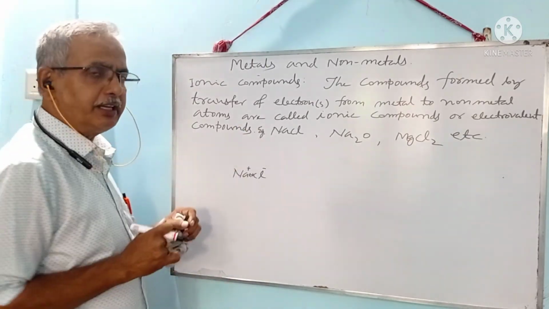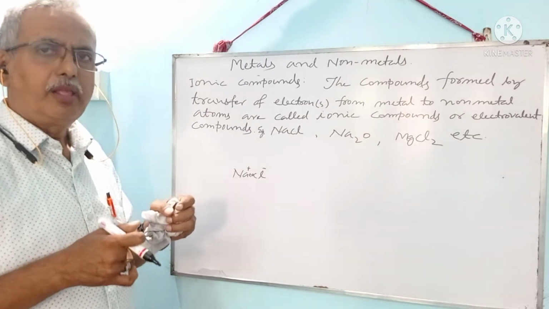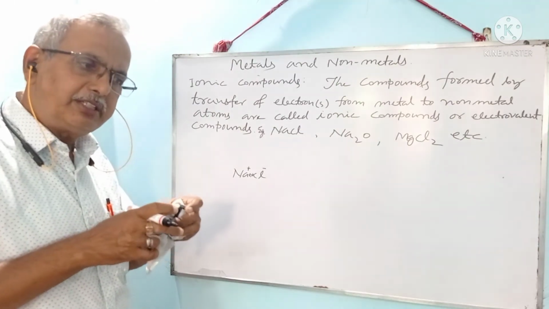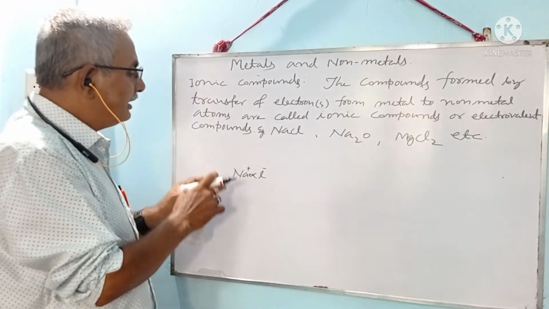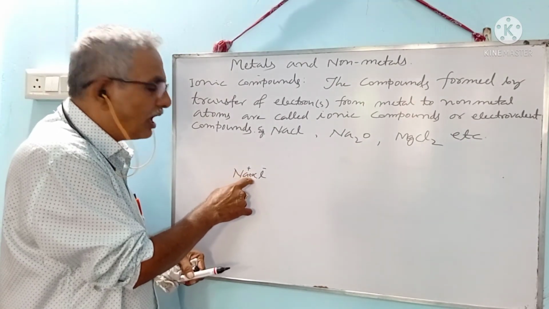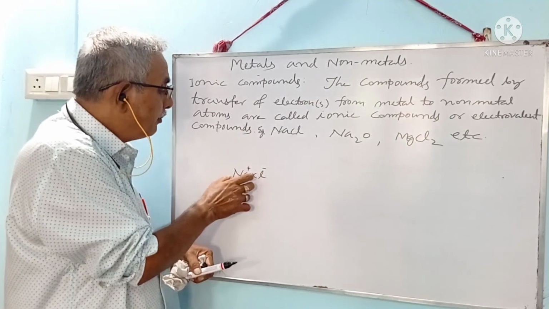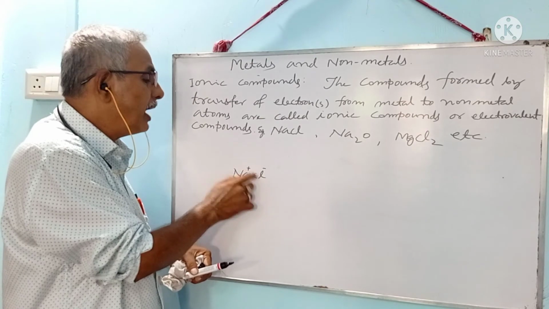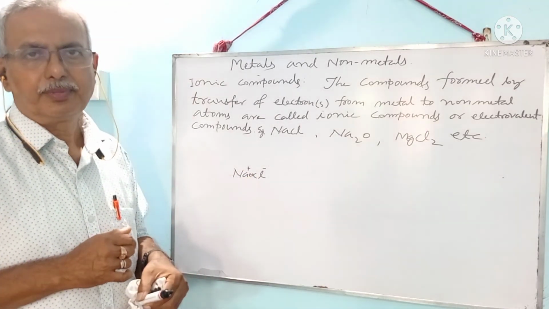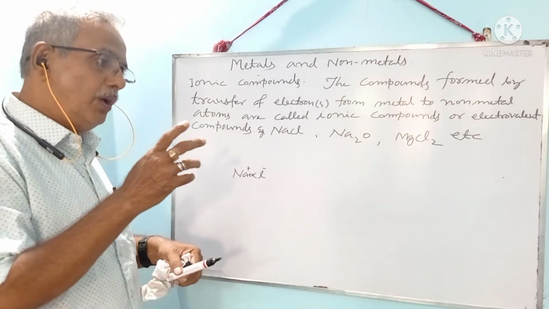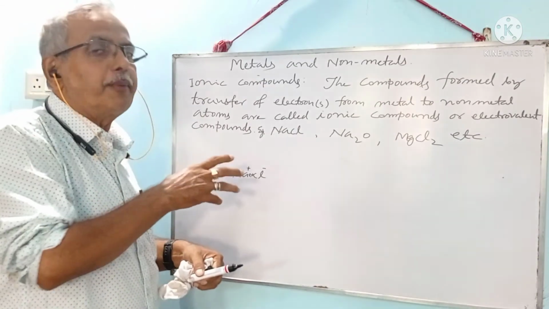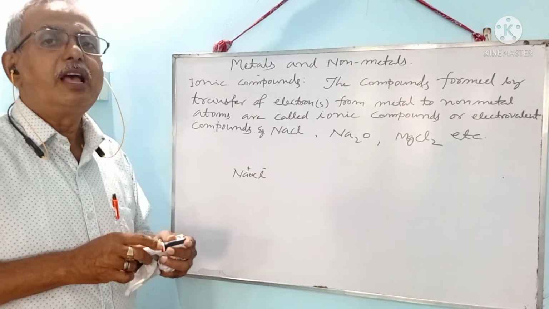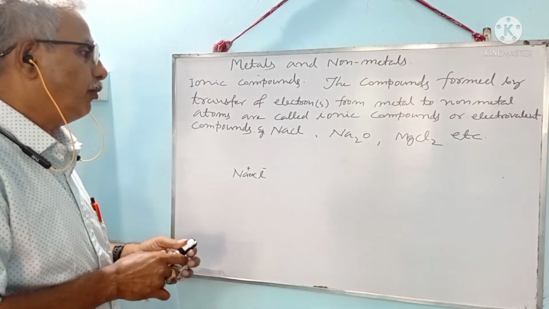When you are applying heat energy on this compound, that heat energy breaks the force of attraction between sodium and chlorine ions. So a large amount of heat energy is needed. That is why an ionic compound has high melting point and boiling point.